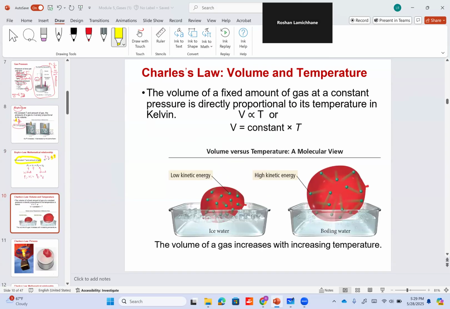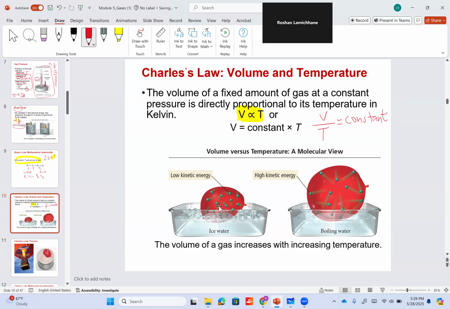All right, now Charles' law. What he looked at was the relationship between the temperature of the gas and its volume, and he found out that the volume is directly proportional to the temperature, right? In other words, V divided by T equals a constant whenever I remove the proportionality sign. All right, and there's a very good depiction of this.